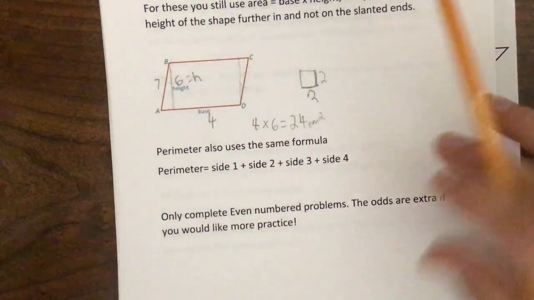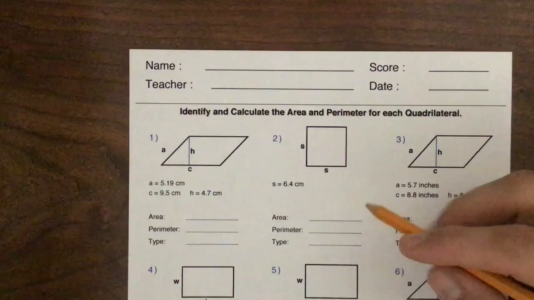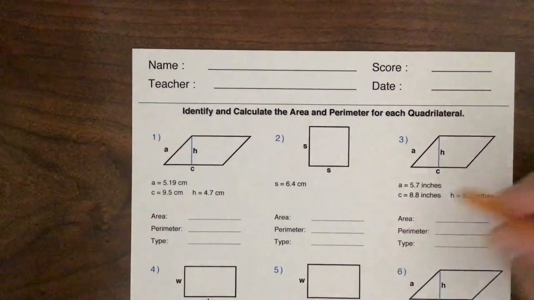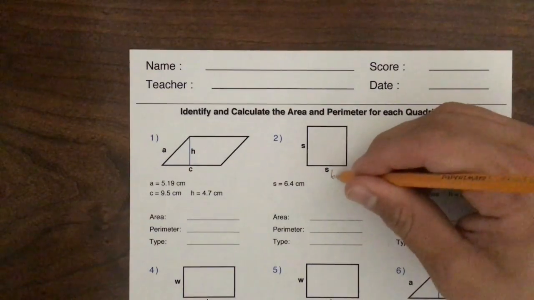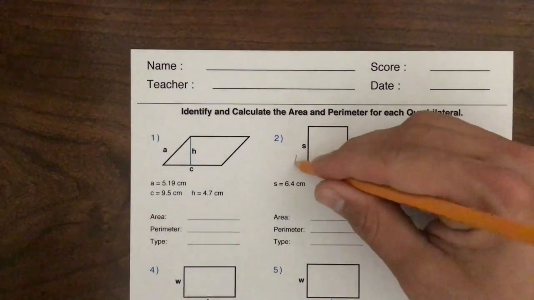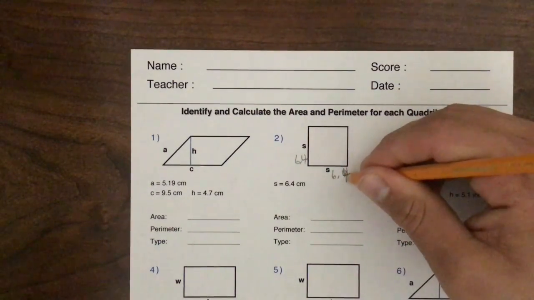All right, we're going to go to our problems now. Okay. You can see that number 2 is a square again. So we're going to do base times height. We know that the base is 6.4 and 6.4 over here as well. Make this 4 a little better.